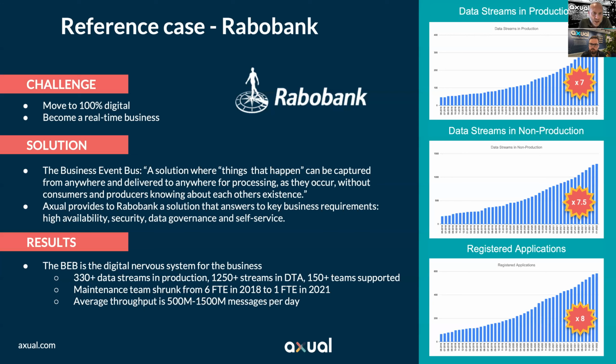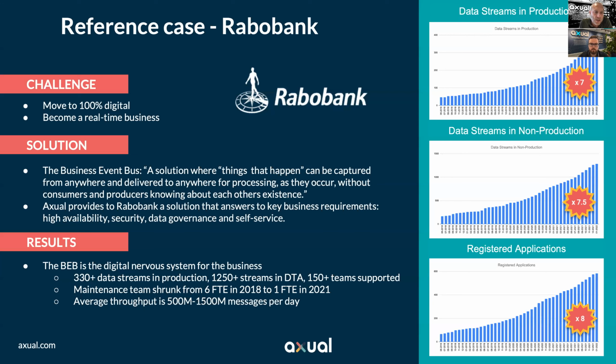All three graphs start with mid-2018 somewhere, where we introduced self-service, and this was the status back then. The right-hand side of those graphs is January of this year. So you see that in 3.5 years' time, the amount of streams in production went ×7. In DTA, in non-production, it went ×7.5, and the amount of registered applications went ×8.